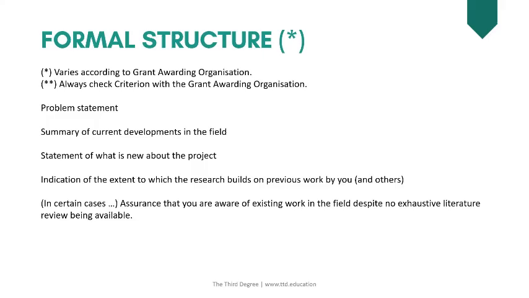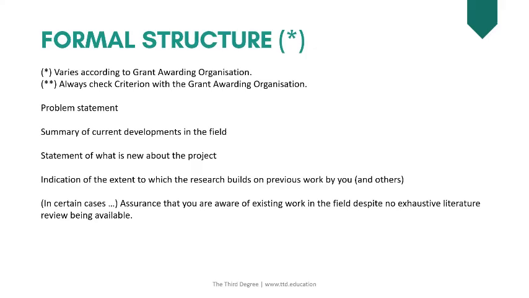And in certain cases, and this is, say, the case today with artificial intelligence in education or artificial intelligence in anything, we know that there is work in the field, but we don't have an exhaustive literature review because it's still being written. Everything's changing on a daily basis.